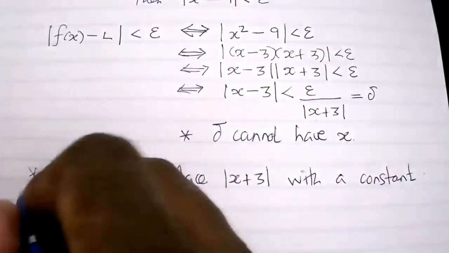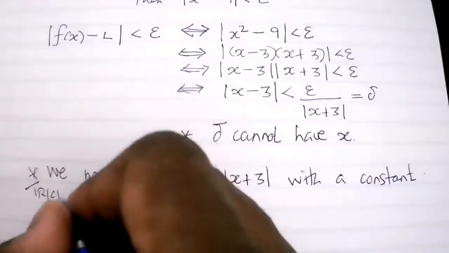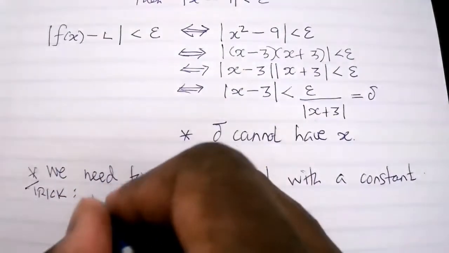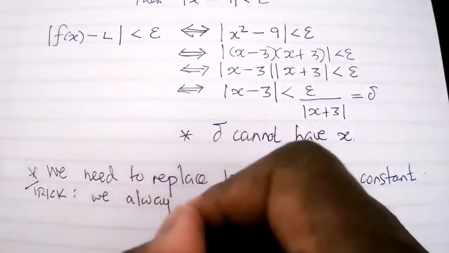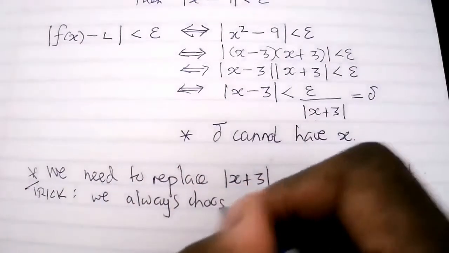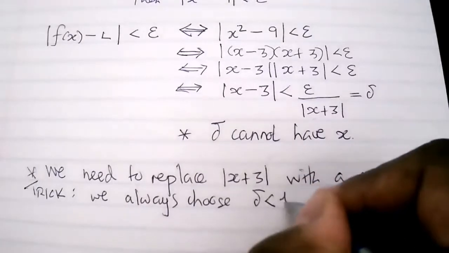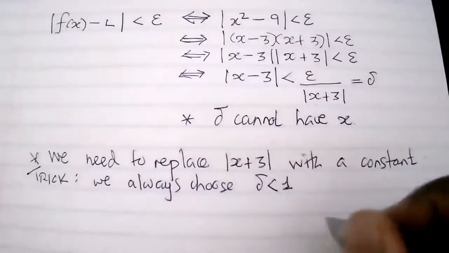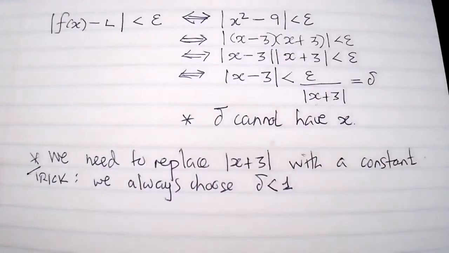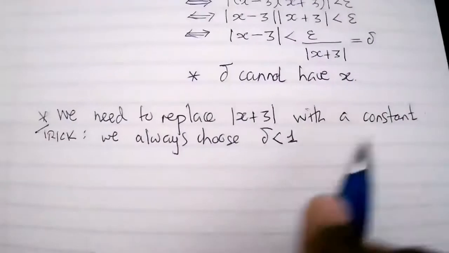Right, now there's a trick. I won't go into the intricacies of the trick. All I can tell you here is that we always choose our delta to be less than 1. Don't ask me why it's less than 1, because I'm not able to go into the detail here because I need to make the video as short as possible.